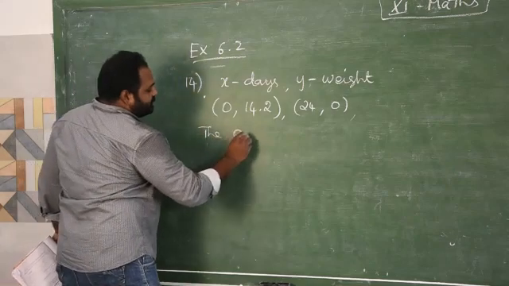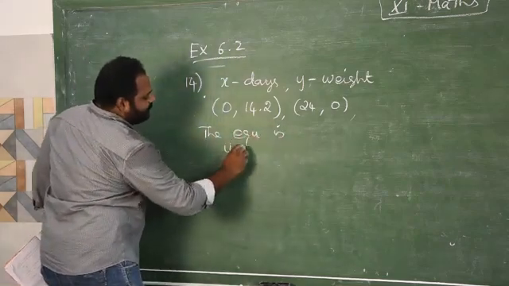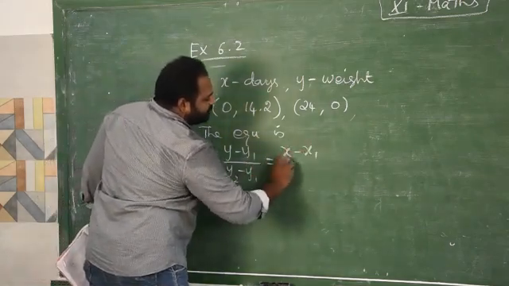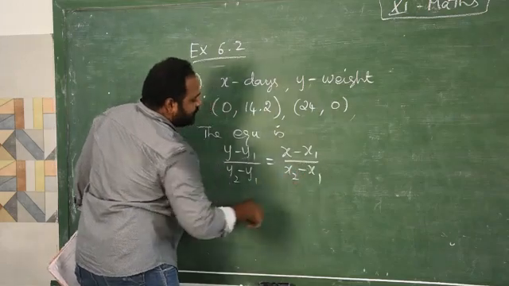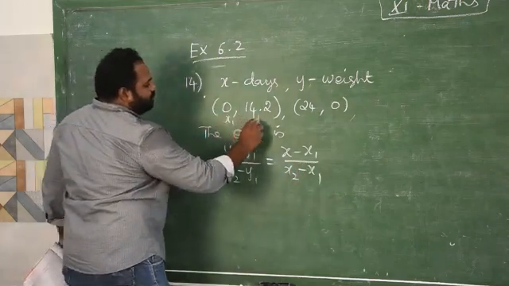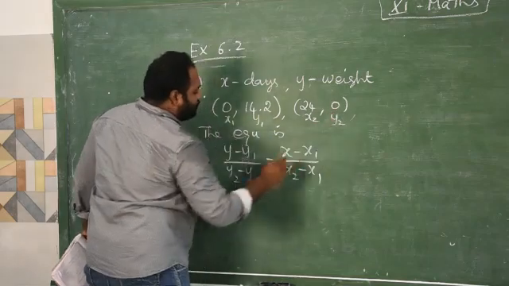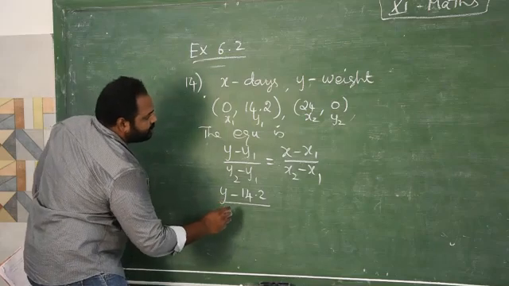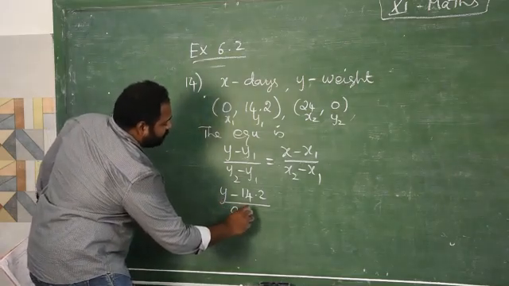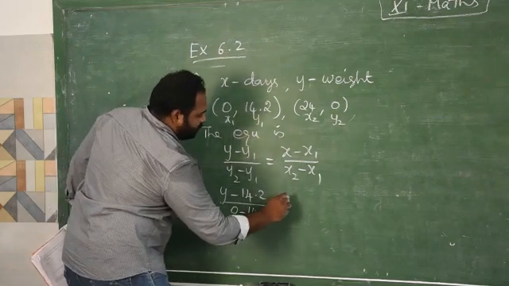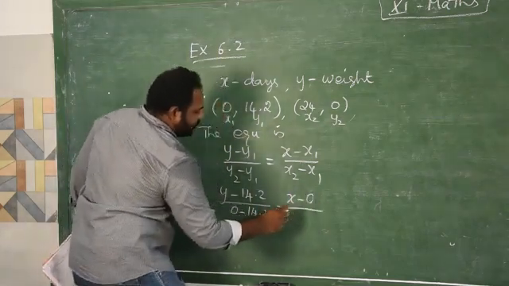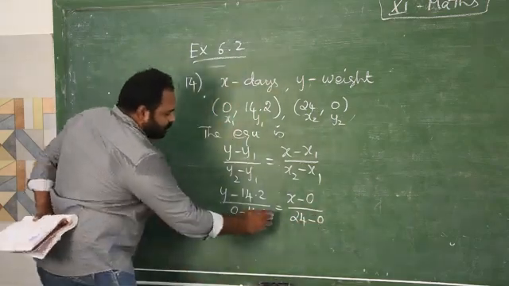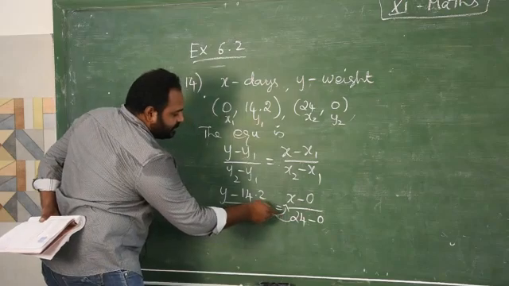So the equation is (y minus y1) by (y2 minus y1) equals (x minus x1) by (x2 minus x1). So this is x1, y1, x2, y2. Now y minus 14.2, divided by y2 which is 0 minus y1 which is 14.2, equals x minus x1 which is 0, divided by x2 which is 24 minus 0. Simplifying, I am going to carry the denominator to this side.